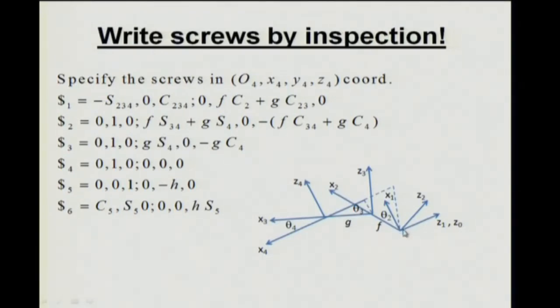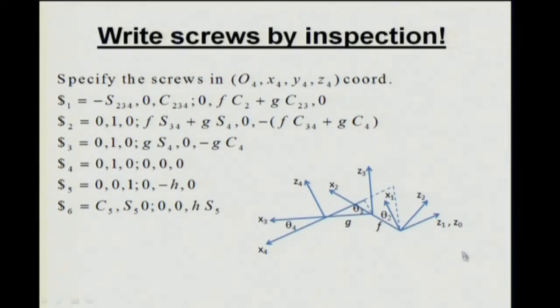For this, which is coming out, to find the moment you need this length from here to here, which I have shown here. So there are two components: you have this one g sin theta 4 and f times, now this angle here will become theta 3 plus 4. So you have this term, two combinations. Similarly here you are getting a negative moment.